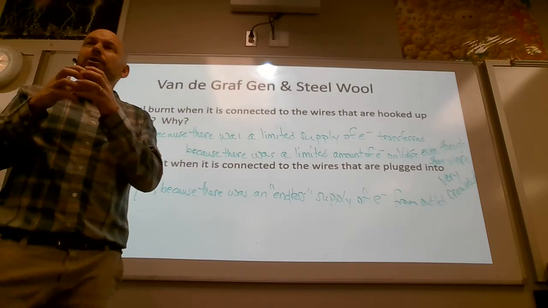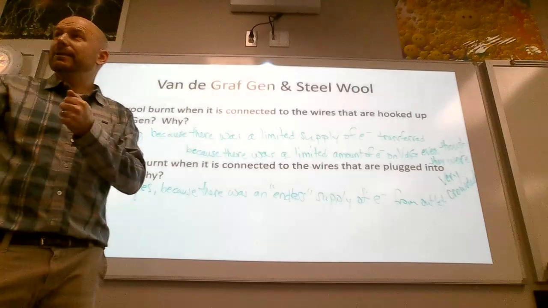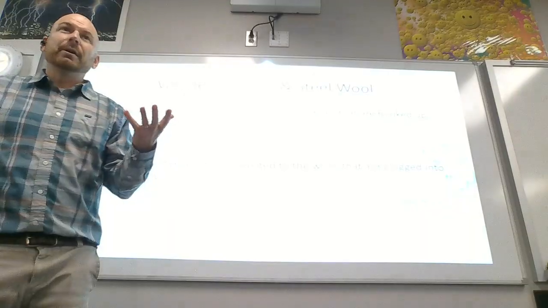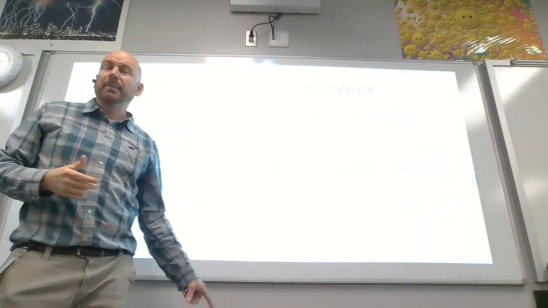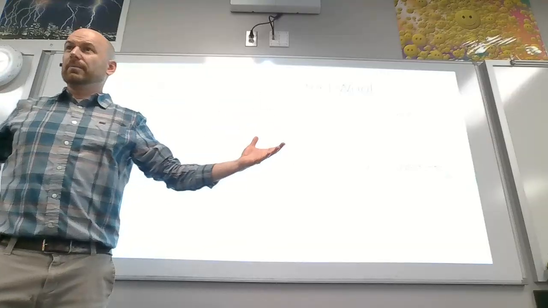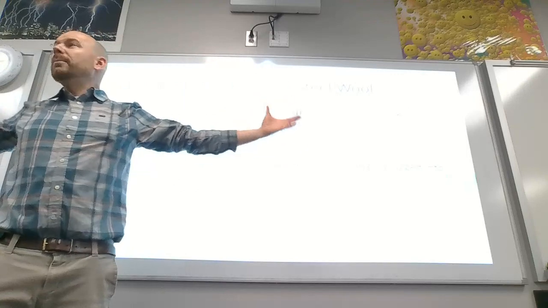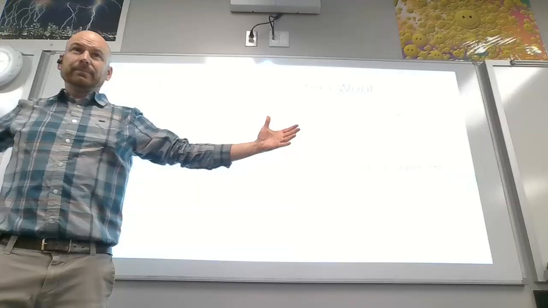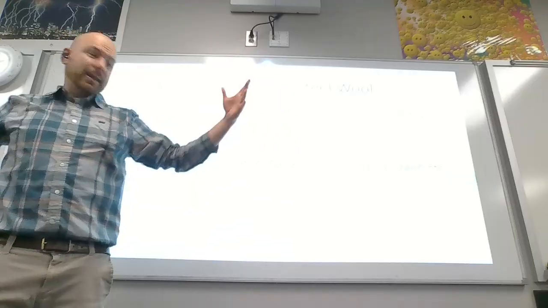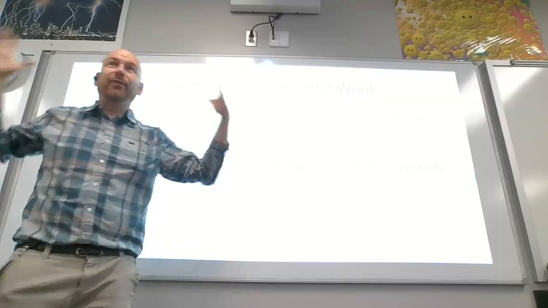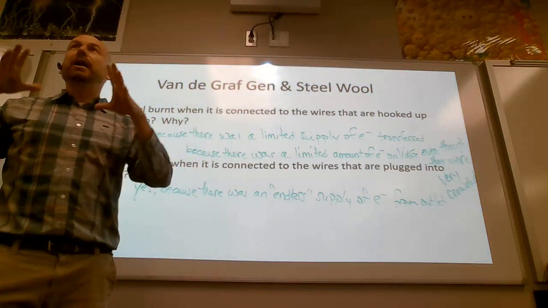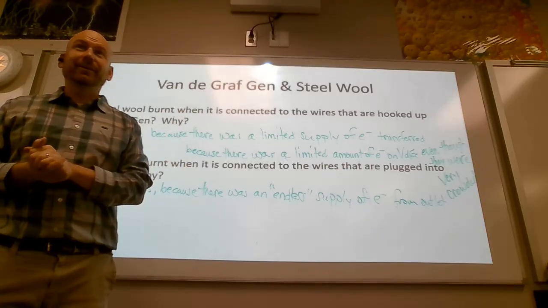Has a lot of energy per electron, has a lot of money per citizen, but total amount of energy, total amount of money isn't that much. The outlet is like China. Okay? There's a lot of people, per person they're poor. But if you look at the total amount, they're a huge factor in the global economy. There's that much money. They just don't have that much money per person, but they have that many people. They've got a lot of energy. Good with that?